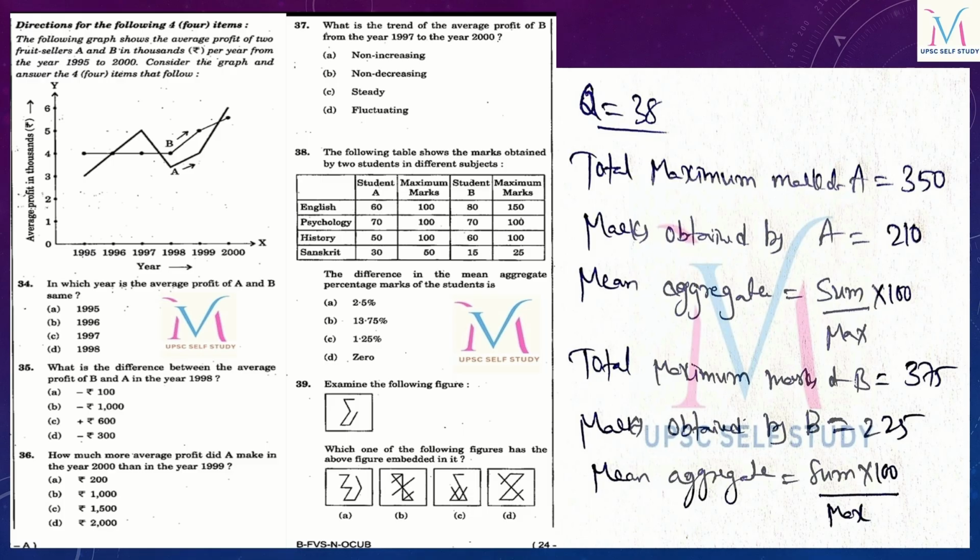And in 2000 B is approximately above 5000. So it is increasing, it has been going up only. Since an increasing option is not given, this indicates non-decreasing, because it is increasing. So for the 37th question, the answer is B.